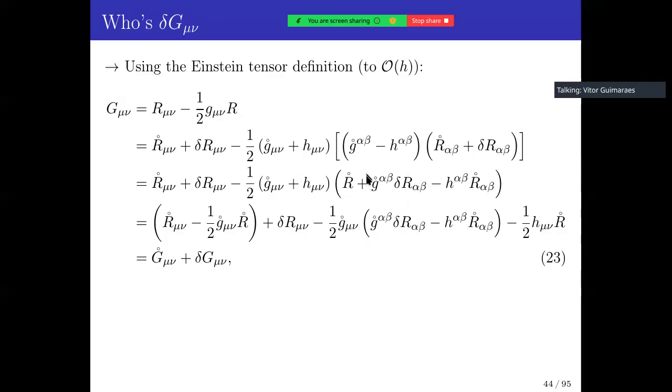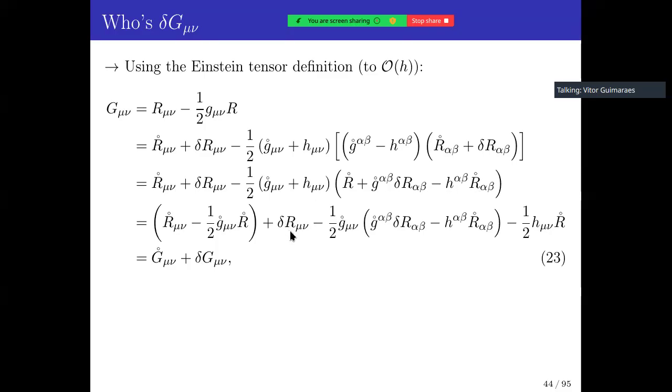This is a scalar, this is a scalar, and this is also a scalar. See that all indices are contracted, no free indices, so these are all scalar functions. Multiply with this and we are okay. Multiply this with this term and we are okay because it is zero order in h. But multiplying this with this and this, we're going to have second order terms in h, so we're going to throw this out.